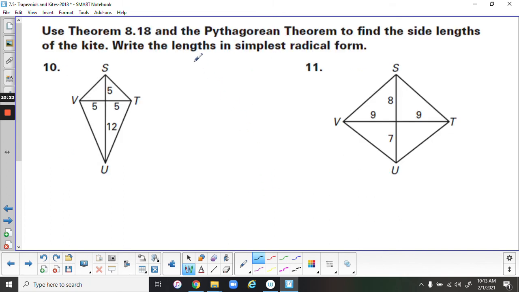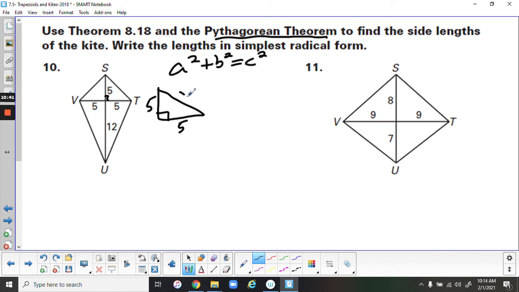All right, these last two, we got to do a little Pythagorean theorem. Let's see if we remember that. A squared plus b squared equals c squared. So we got right angles right there, and if we look there, we go 5, 5, and then I'm just going to call that x right there.